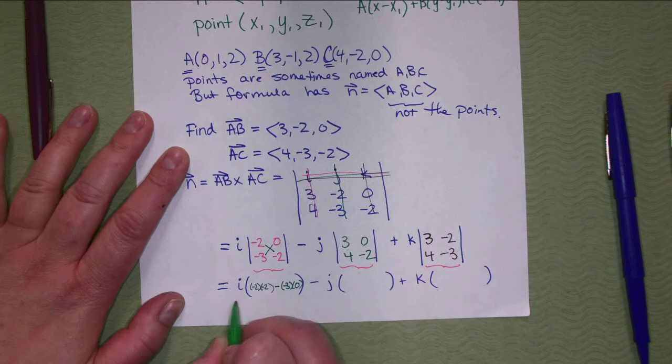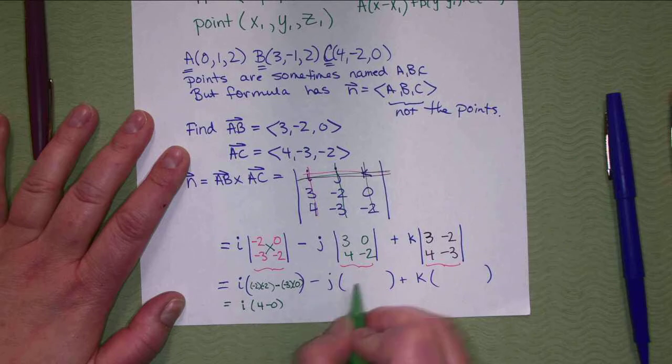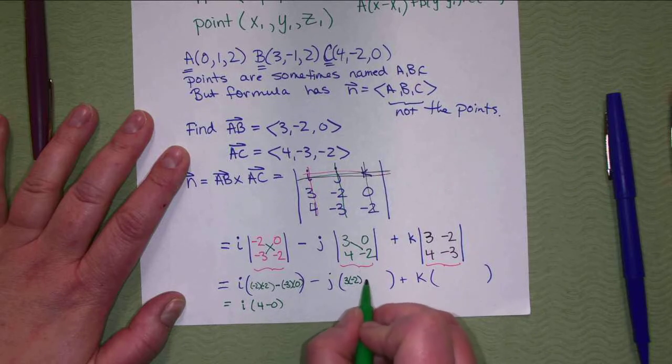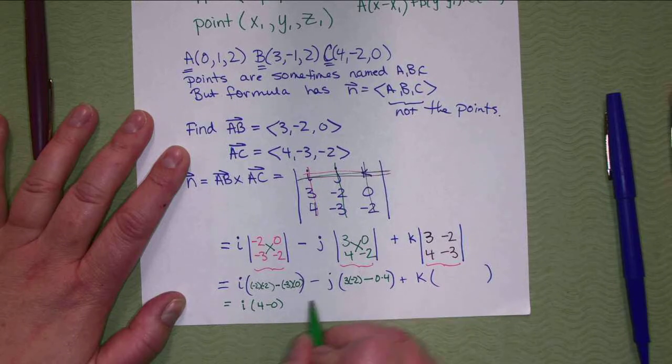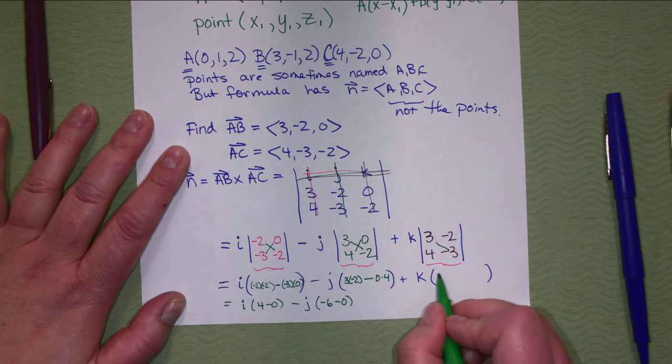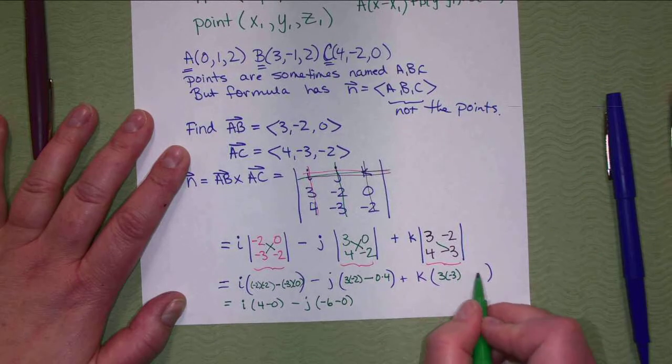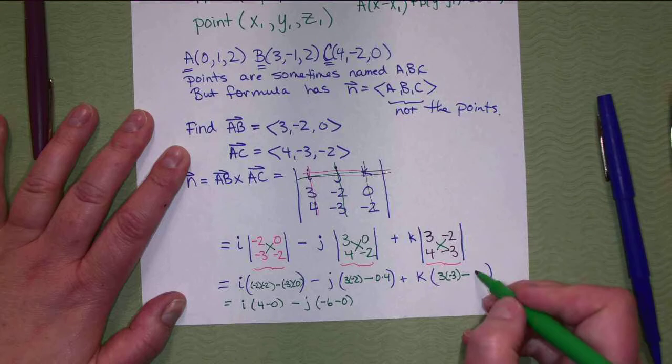So I is 4 minus 0. So J, 3 times minus 2, minus 0 times 4. And K, 3 times minus 3, minus negative 2 times 4.